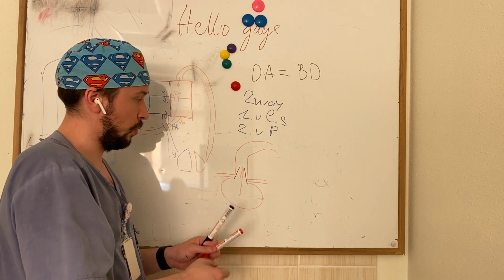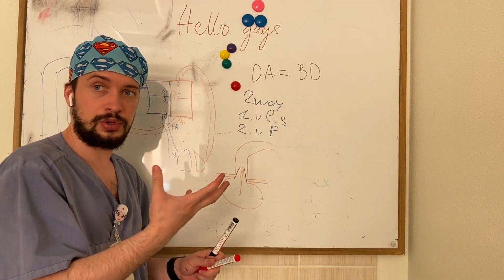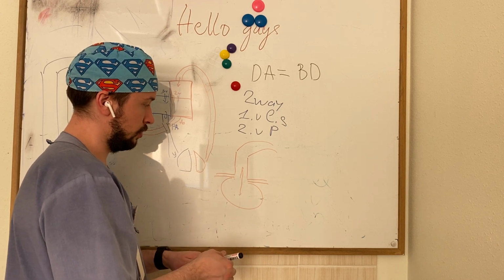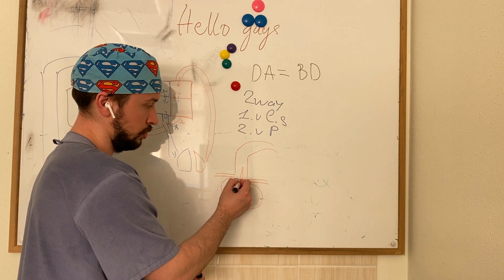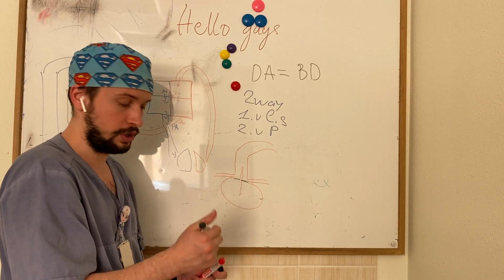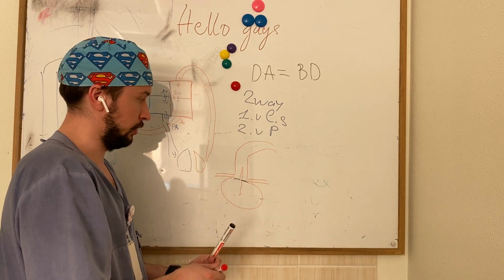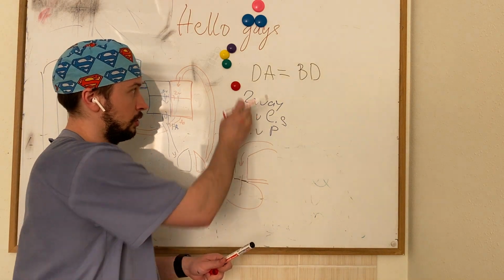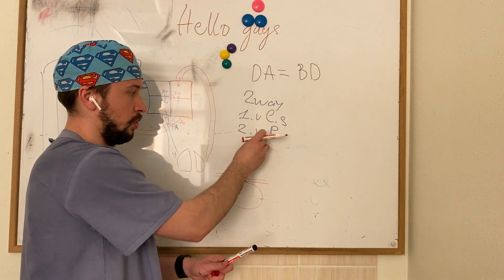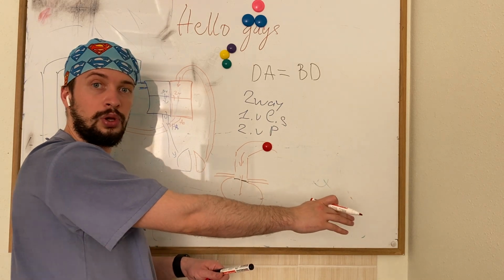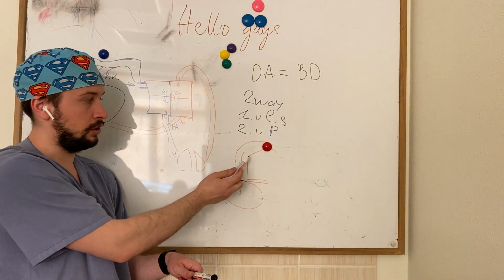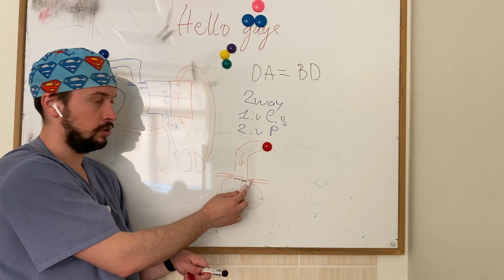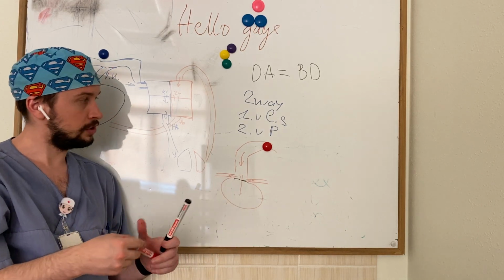But when we have relaxation, our walls will close the ventricle, and some blood goes down. Some blood goes to all organs, and some part goes down to the coronary arteries.